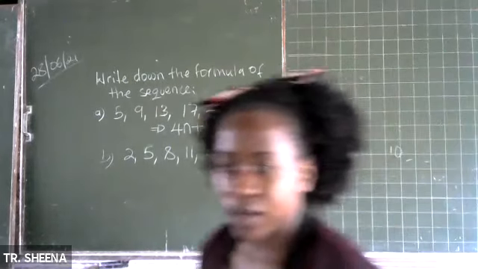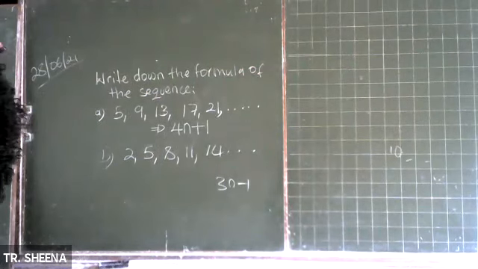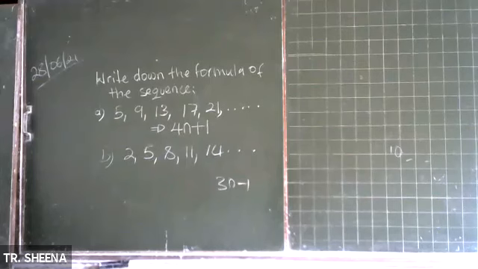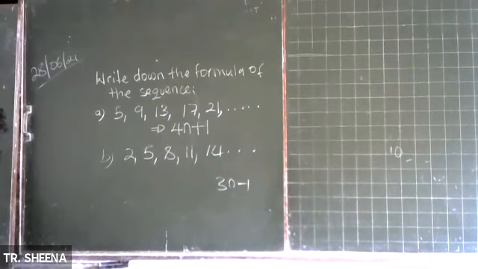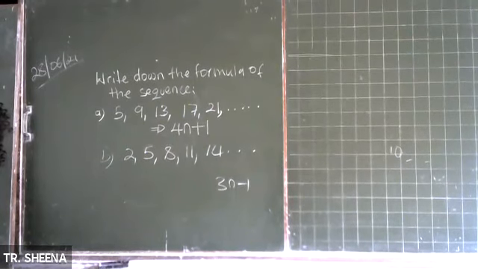Does anyone else have 3n minus 1? Even if you have the same, you tell me. Okay, Marilyn has 3n minus 1, Miracle has 3n minus 1, Hannah has 3n minus 1. Okay. No one has a different one. Even Melissa has 3n minus 1.